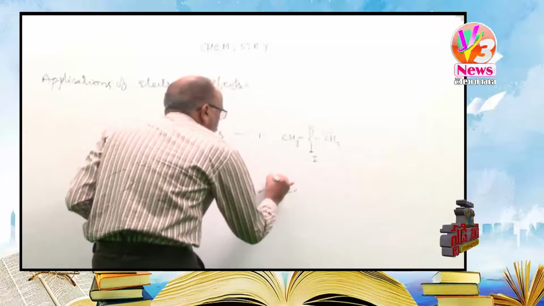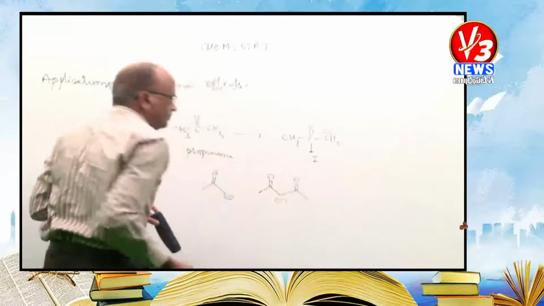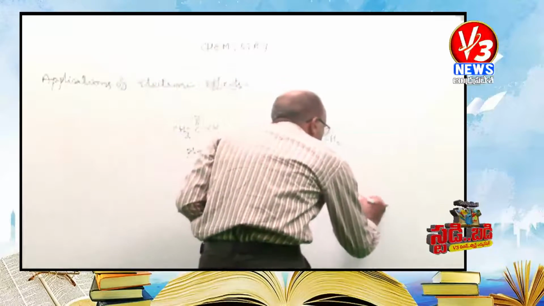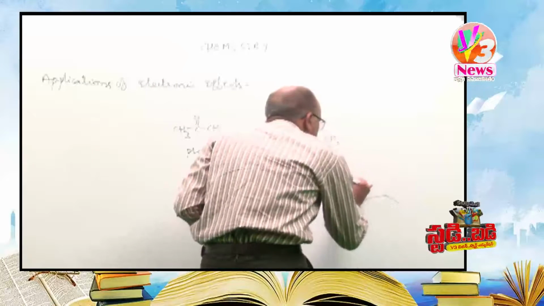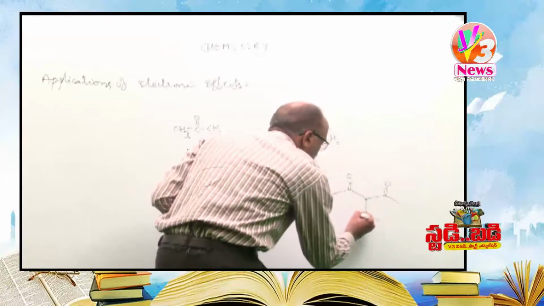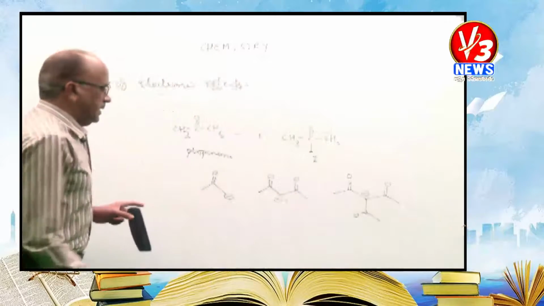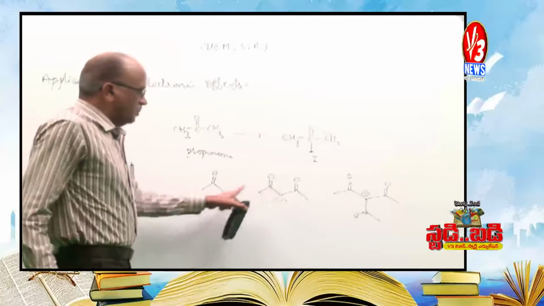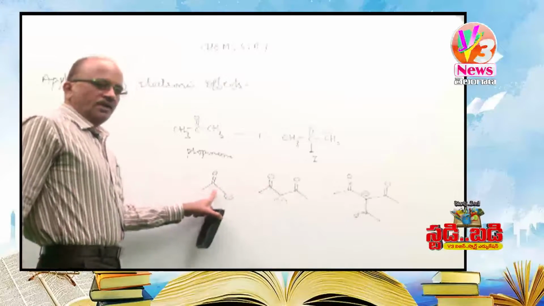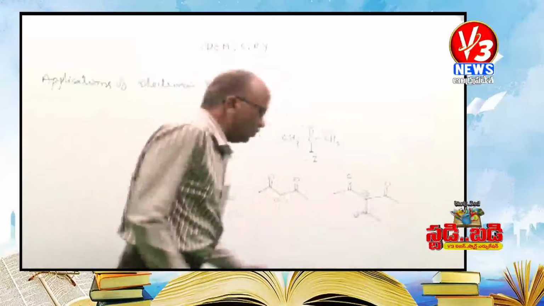Here I take one more keto group, like this. I take another one like this: C=O here, C=O here, one more C=O. So here, what is the change you observe? This has only one minus I group, this one has two minus I groups, this one has three minus I groups.